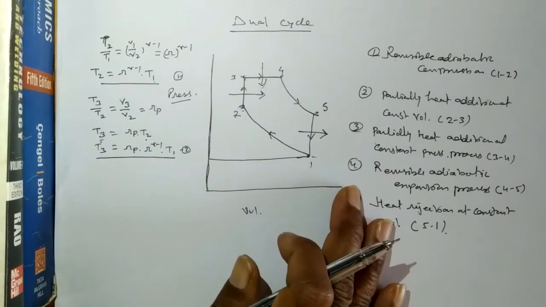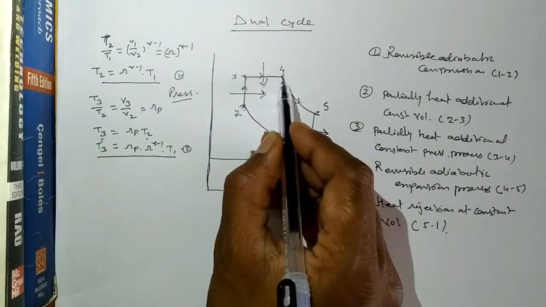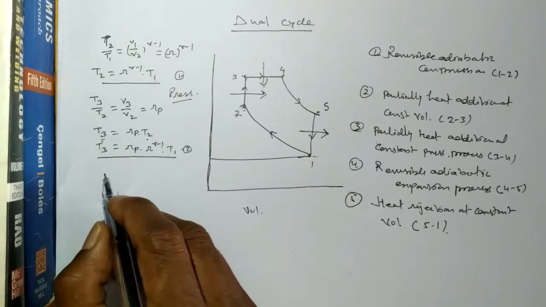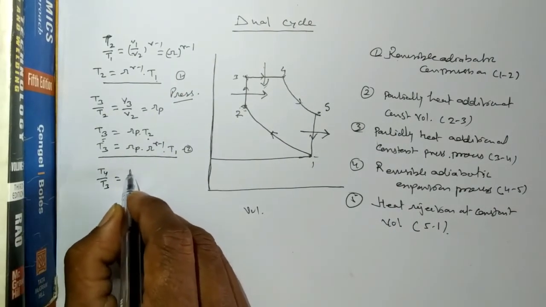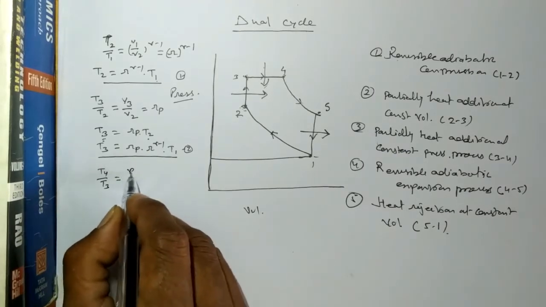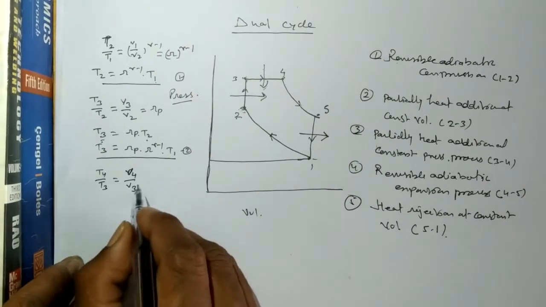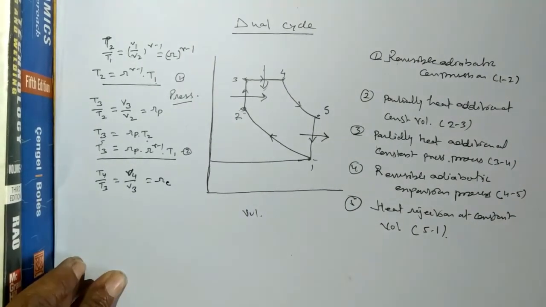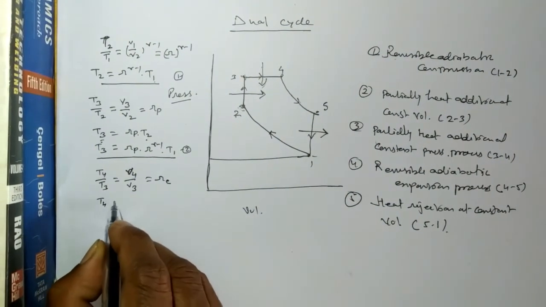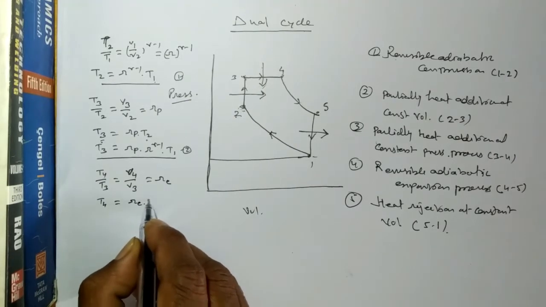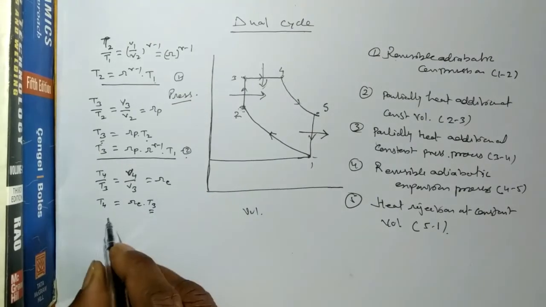We can also write the relationship between T3 and T4. Between T3 and T4 is a constant pressure process. We can write T4/T3 equal to V4/V3, which is also known as the cutoff ratio rc.